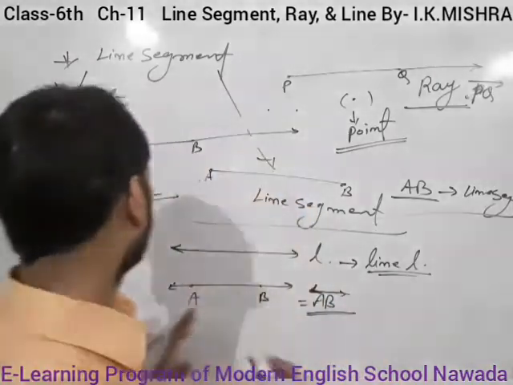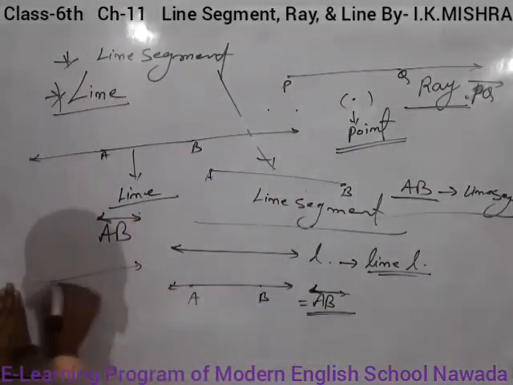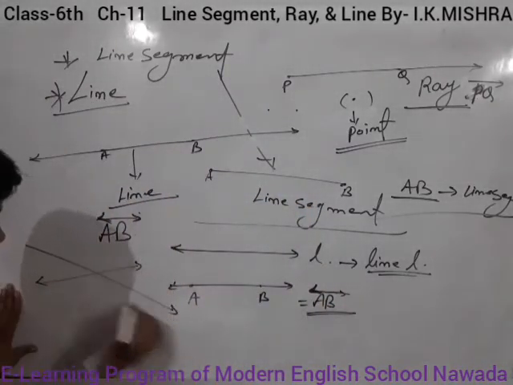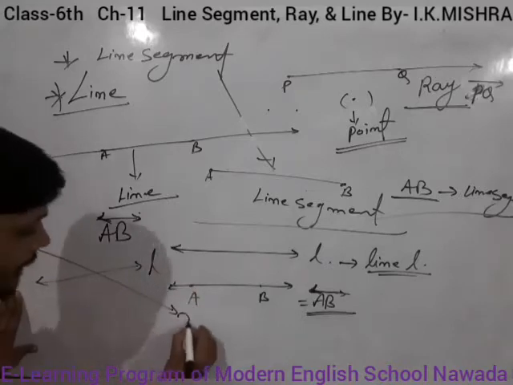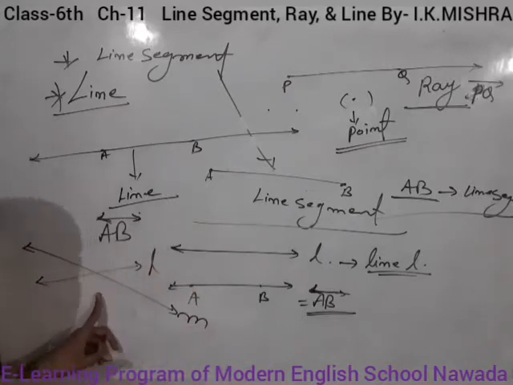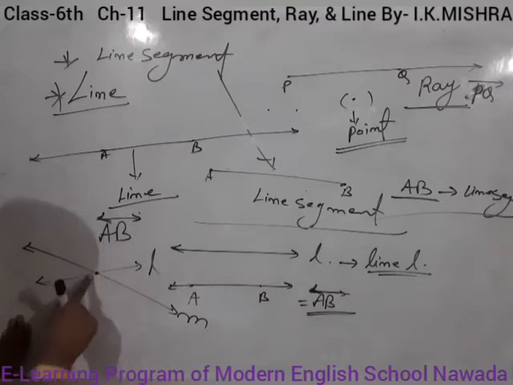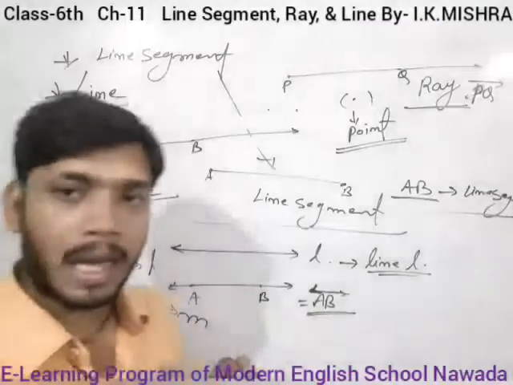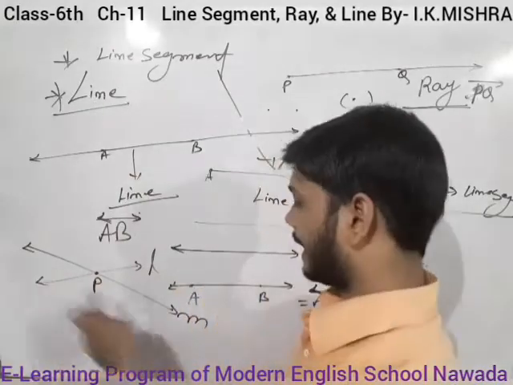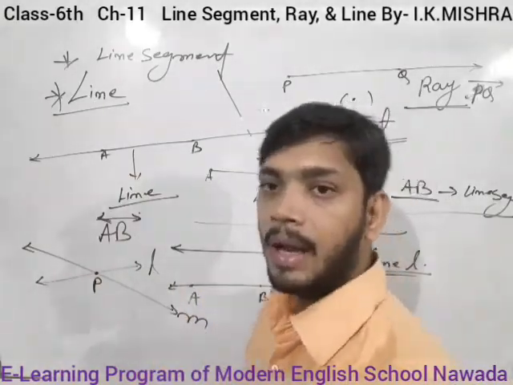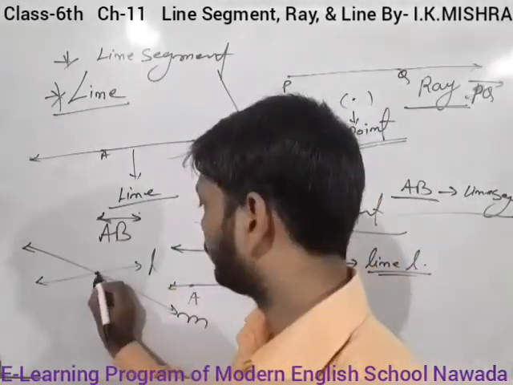Suppose here I write a line and another line, here L, here M, here 2 lines are written, and both lines have a common point. Suppose this point's name is P. Here lines L and M have a common point P.